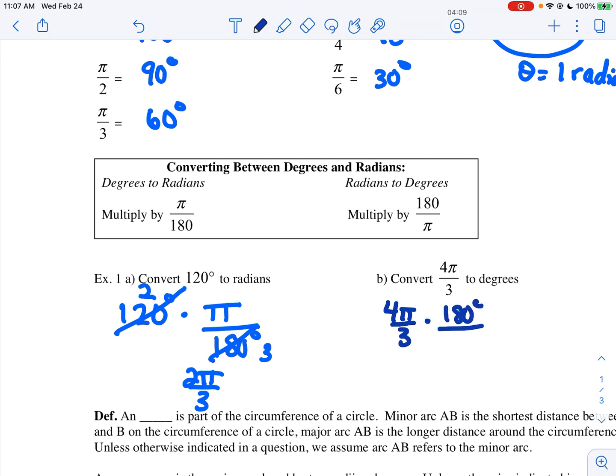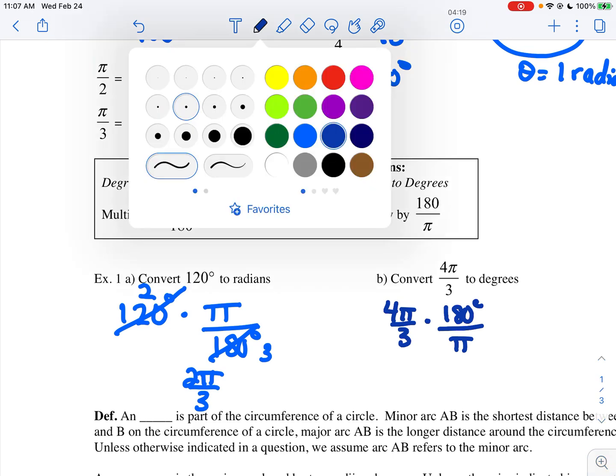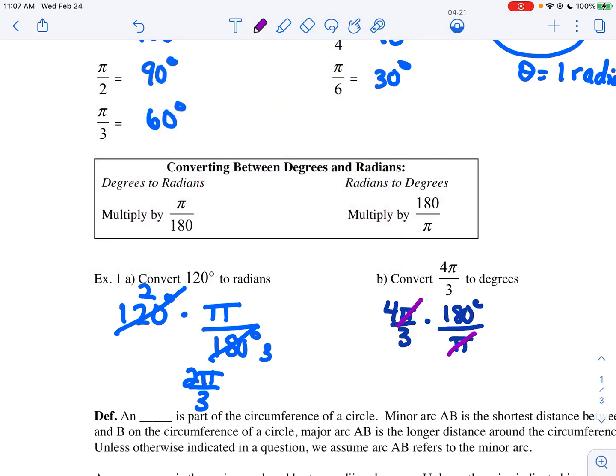Well, I want the degrees in the top. Work it out. Tell me what you get in degrees. Well, the pi's cancel. 3 goes into 180 60 times, so 4 times 60 is 240 degrees.